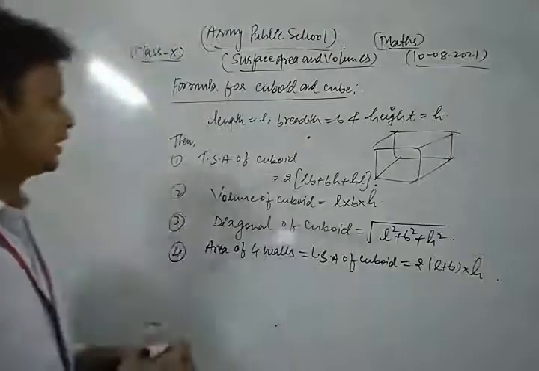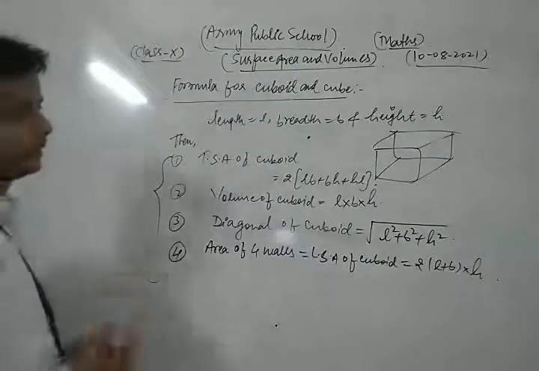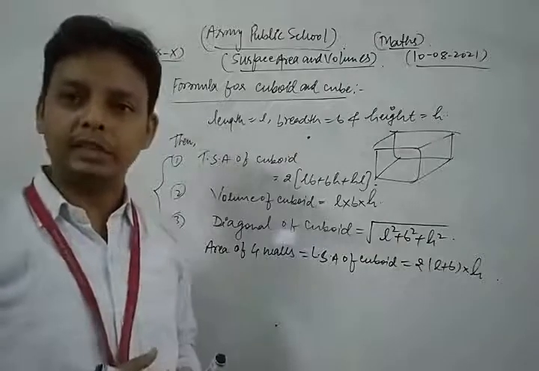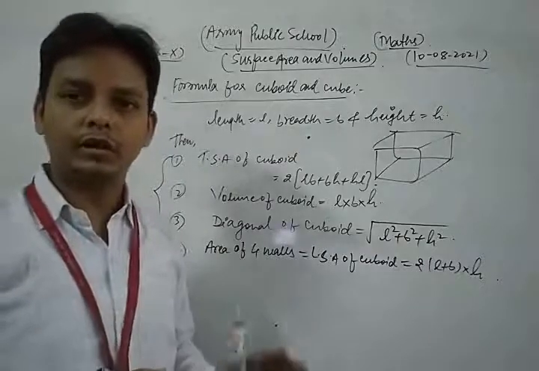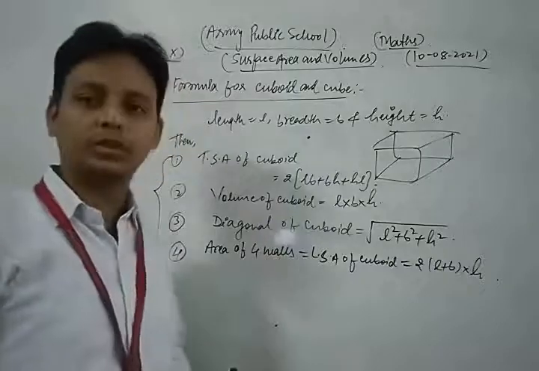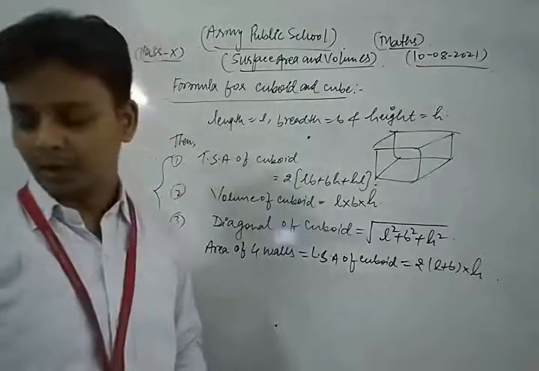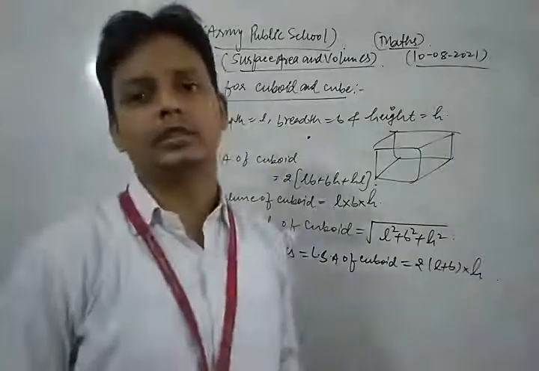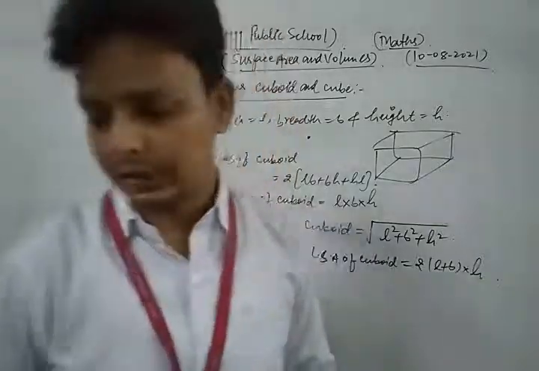So these are the very important formulas related to cuboid. Dear students, first of all you learn each and every formula based on cuboid. After that you can solve each and every question of your NCERT exercise based on these topics.